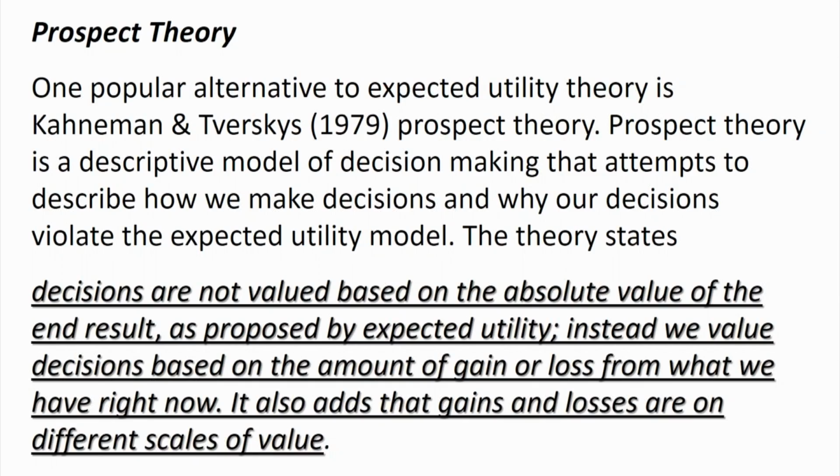The second prediction of the prospect theory is that the gains and losses are on different scales of value. For example, in terms of the scale of value, people perceive gains as lower value, but losses as higher value. So, losing a 10 rupees note lets you feel that you have lost more than in terms of gaining 10 rupees.